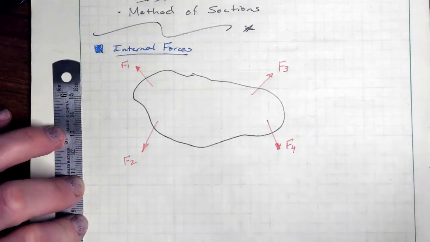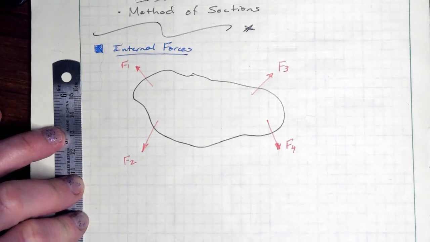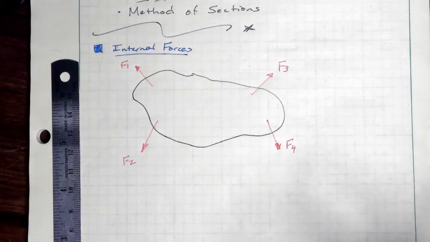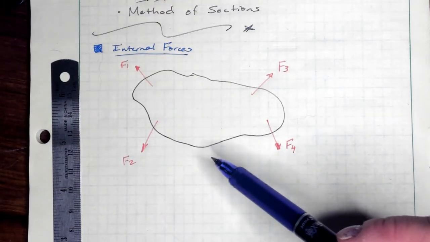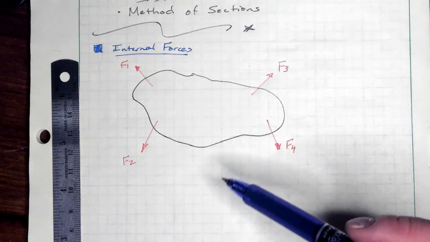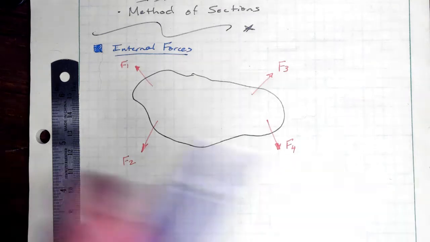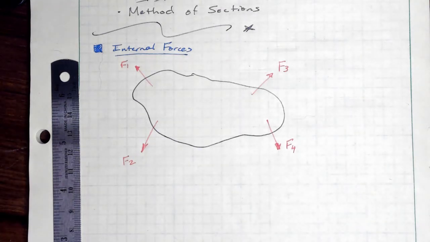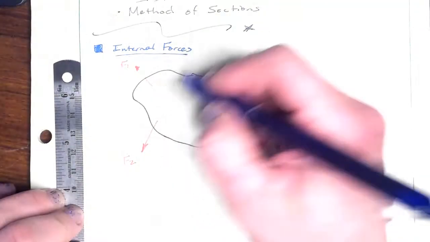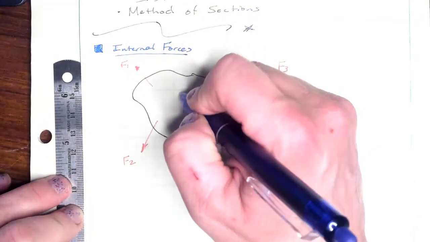Now, if I take a plane and I want to section this body to expose the inside and to isolate one part of the structure so that we can look at the equilibrium of that portion, I'm going to use a plane. Let's call it plane AA.